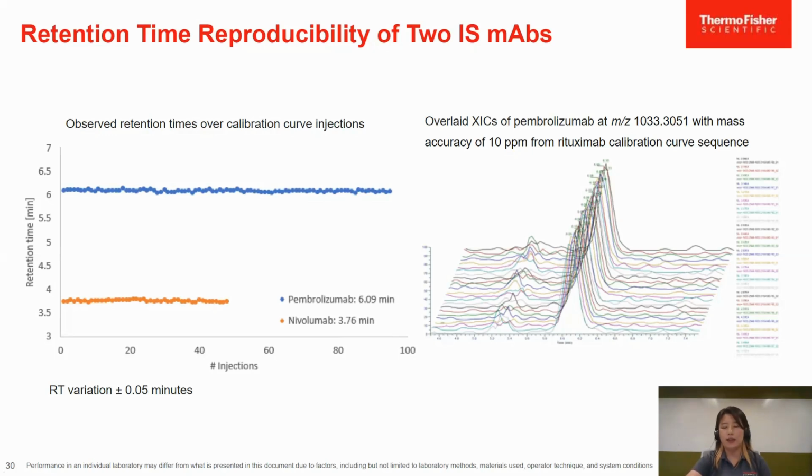And on the right side, I put an example of the overlaid chromatograms of pembrolizumab from the rituximab calibration curve sequences, and you can see that all the peaks nicely overlapped between the different injections.